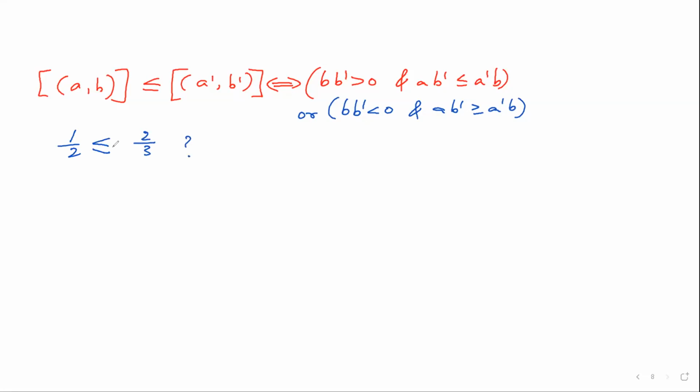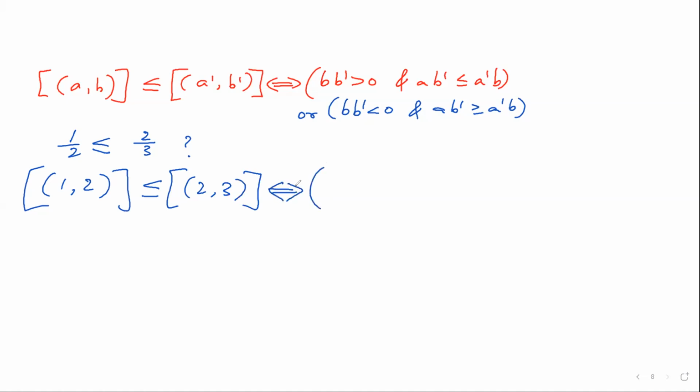Let us see if it will give it to us. (1, 2) is less than or equal to (2, 3) if and only if b prime, which is 3, is bigger than 0. In that case, this is the one that we use. Agreed? If b prime is greater than 0, this is the one. Otherwise, we use this one.